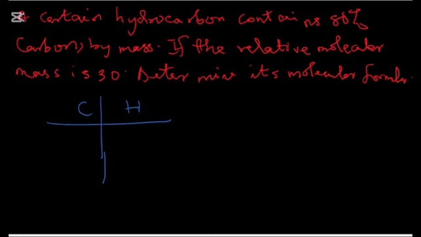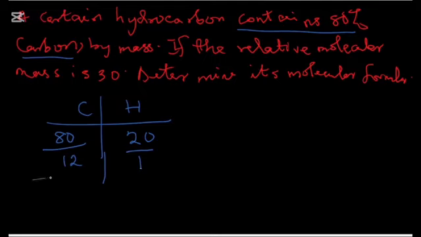We are only given the percentage of carbon, which is 80%, so it means hydrogen will be 20. Though you are not given, we should know that since a hydrocarbon is made up of hydrogen and carbon, and carbon is 80, hydrogen will be 20. So you divide this by 12 and this by 1.